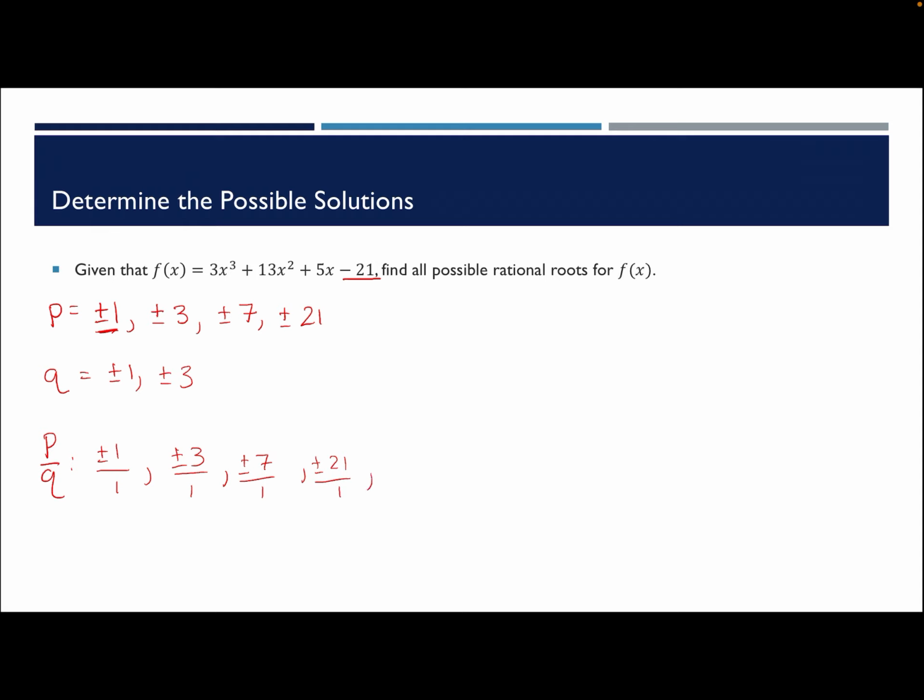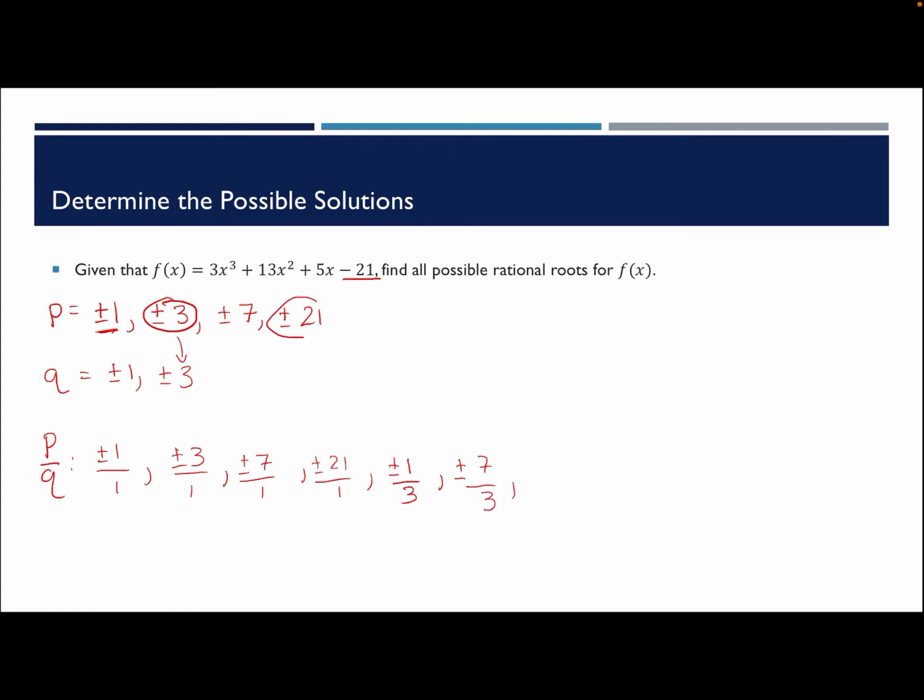And then we're going to take each value and divide it by 3. So we're going to have plus and minus 1 divided by 3. Now, we don't need to do plus and minus 3 divided by 3 because that's going to give us the 1 term. So that's redundant. We can skip that. And so then we need to do plus and minus 7 divided by 3.